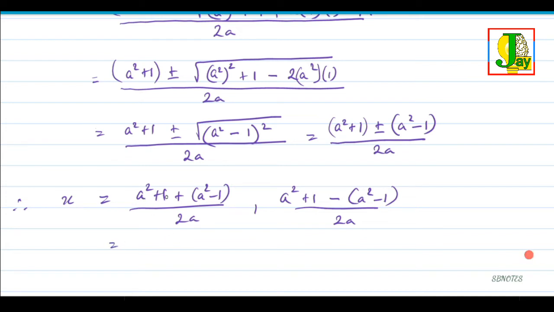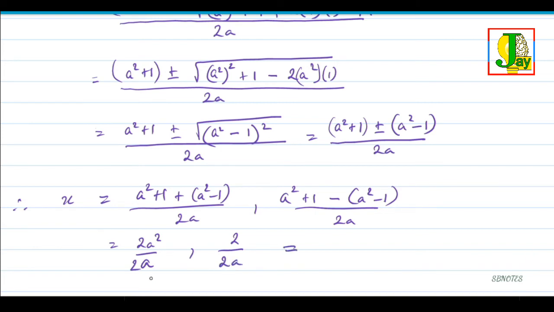If you open the bracket, a square plus a square is 2a square, and plus 1 minus 1, so 0. 2a square by 2a, and the second one, a square minus a square gets cancelled, so plus 1 plus 1 is 2, so 2 by 2a.